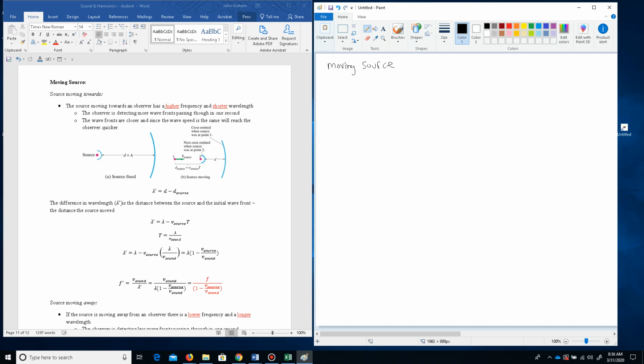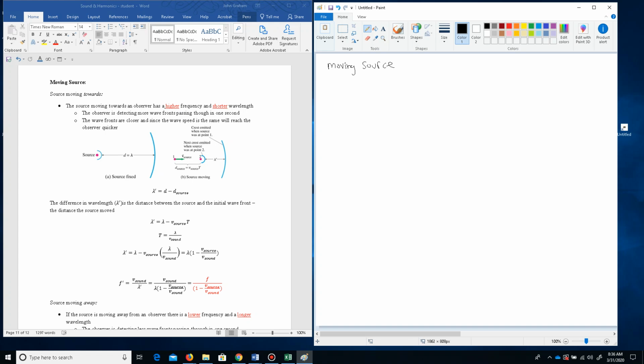The distance the source moves is the velocity of the source, how fast it was moving from point 1 to point 2, times the time it takes to go from point 1 to point 2.